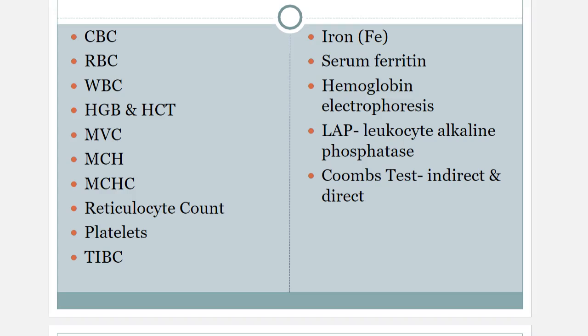And then the next one is iron. We look at the amount of iron in one's body, and usually the normal range is about 60 to 170 micrograms per deciliter. With total iron binding capacity, the normal range for that blood test is 240 to 450 micrograms per deciliter.